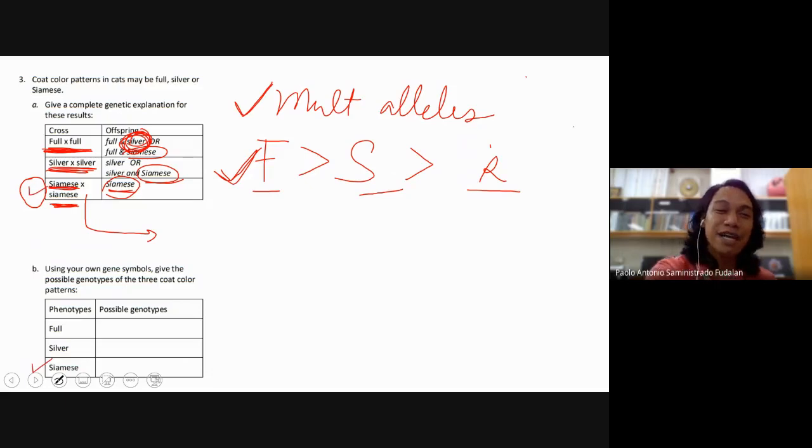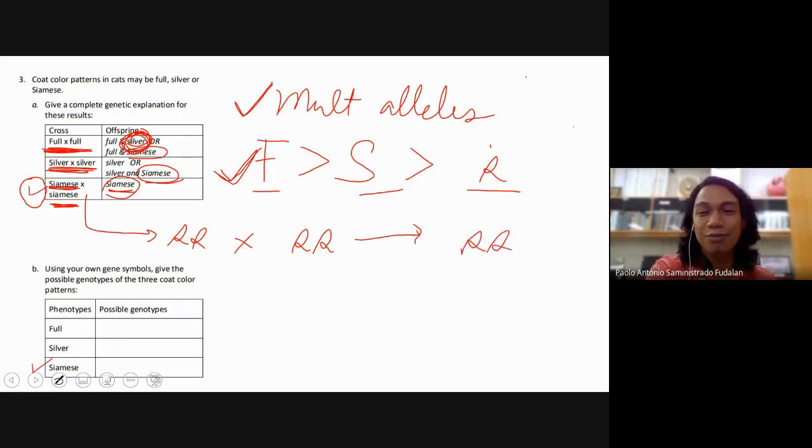So if we have the Siamese times Siamese cross, because Siamese is recessive, it cannot be paired with another and still appear as Siamese. This must be small s crossed with small s to produce also all small s. So we have now figured out Siamese, and I'll leave to you how to figure out the other crosses, full times full and silver times silver, considering the offspring that have resulted here.